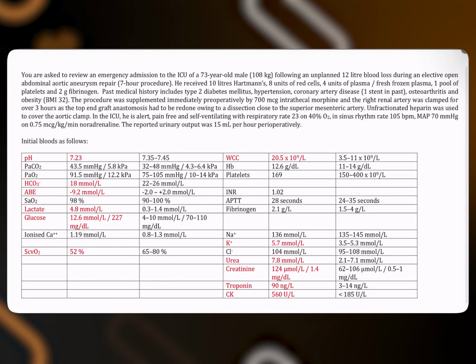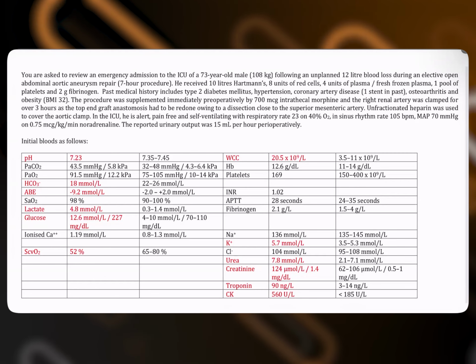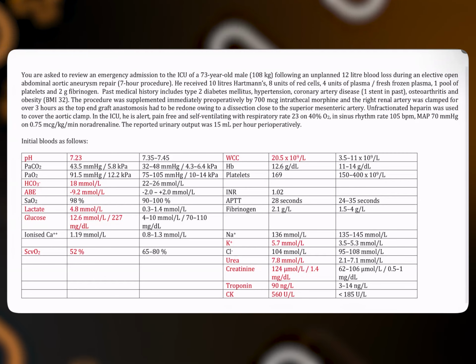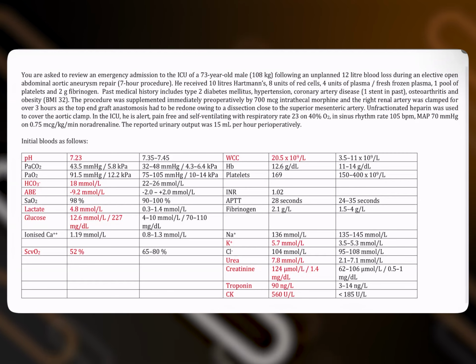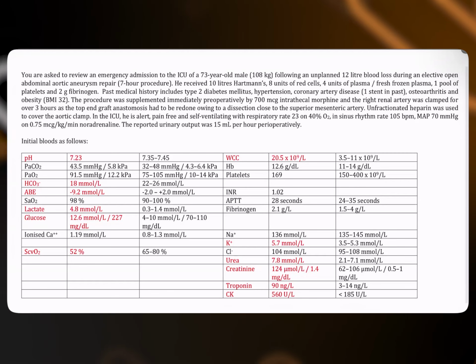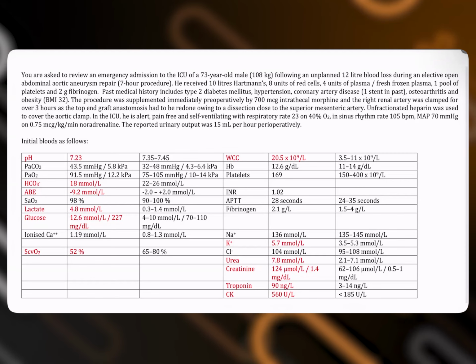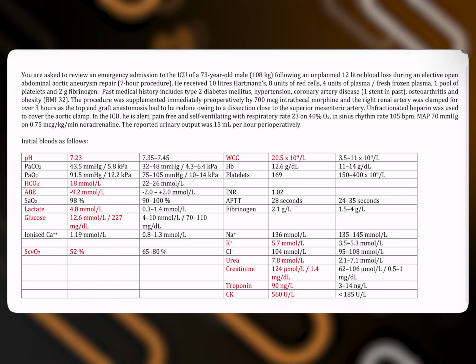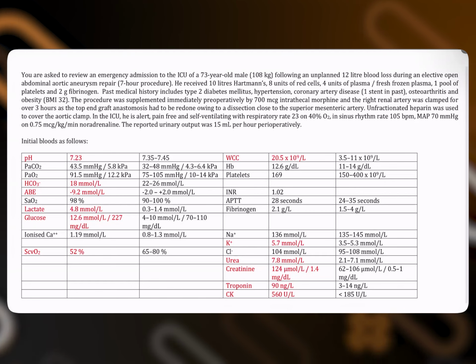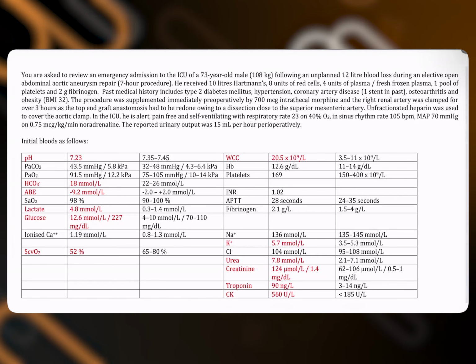Second one was 700 mics intrathecal morphine. Another thing was that he is now going into shock, and he has developed low urine output and urea creatinine is raised. And the important blood gases which are typed also noted down: the high metabolic acidosis, high lactate, high glucose, ScvO2 is low, and high total count.